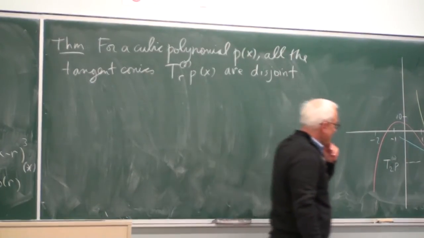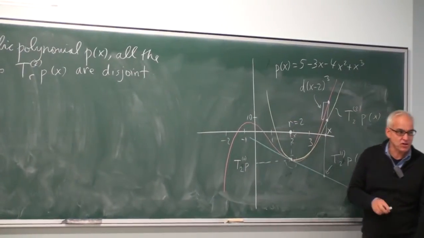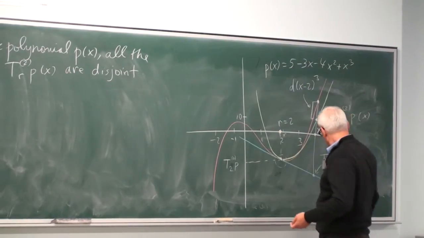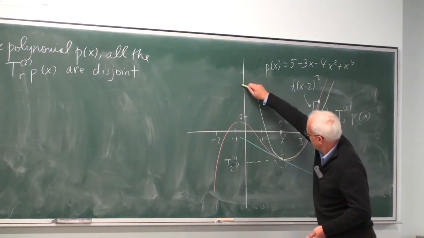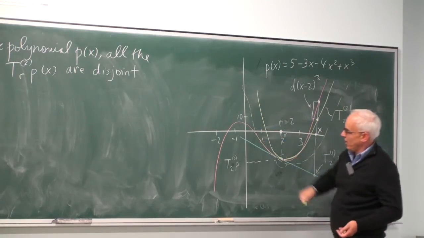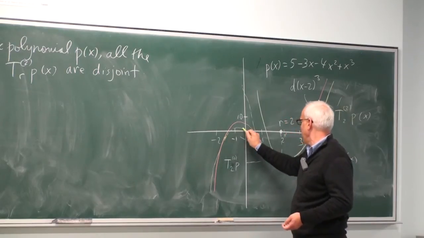So that means if I went around graphing not just that tangent conic, but if I graph the tangent conic here, maybe it would look like this, and I graphed it here, maybe it would look like this.